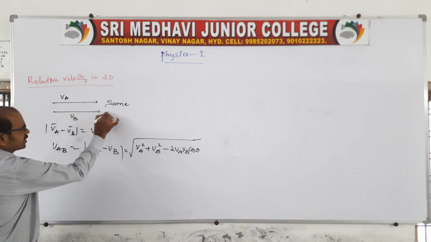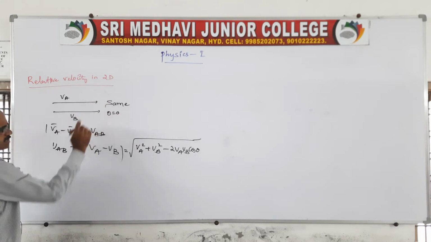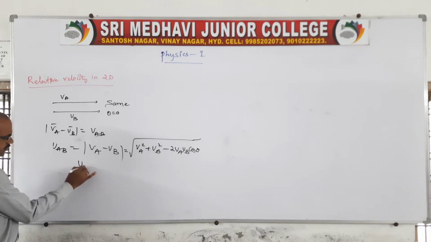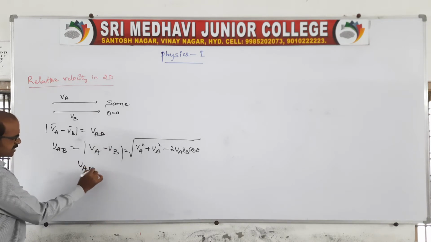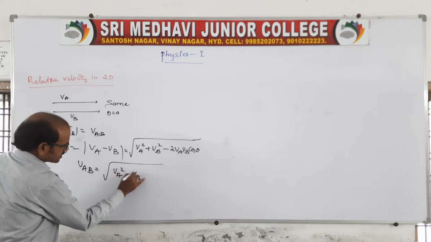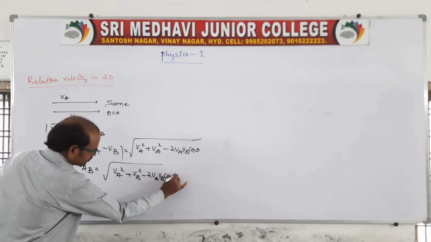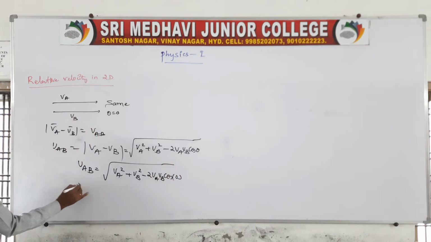If both are in the same direction, the angle theta is 0. Therefore, the relative velocity of A with respect to B is root over VA square plus VB square minus 2 VA VB cos 0. Cos 0 is 1.